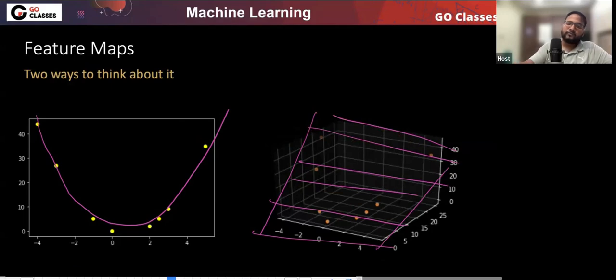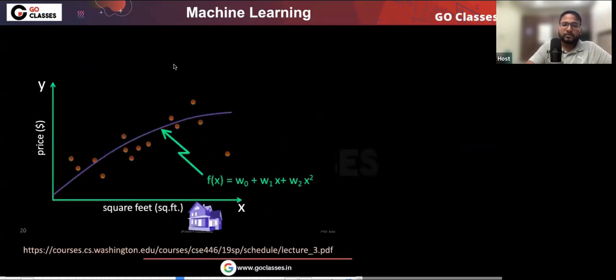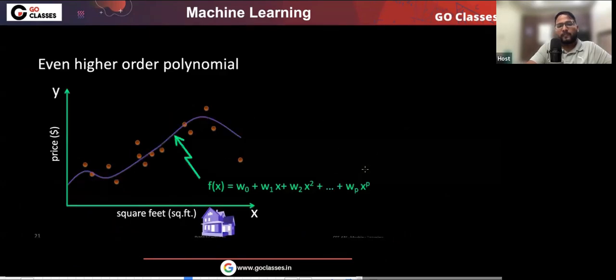Understood? Okay. So here you can see that we have x and y, and this is modeled with some quadratic relationship. That's good. Now you can even model the same data with a higher degree polynomial. By the way, why is this higher degree? Can anyone guess?